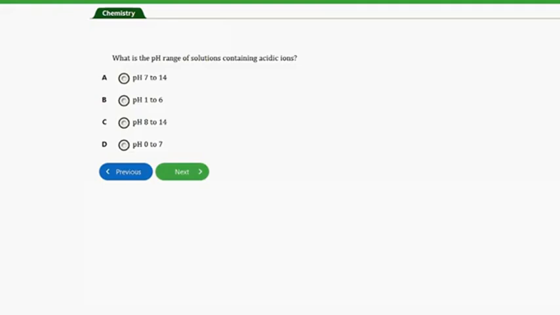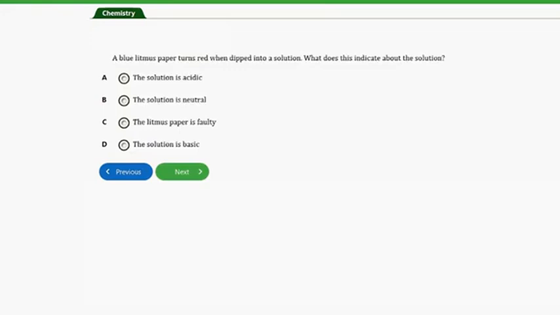So guys, the answer to this question is option D, that's pH of 0 to 7. Solutions containing acidic ions have a pH value less than 7, and that's what indicates their acidic nature.